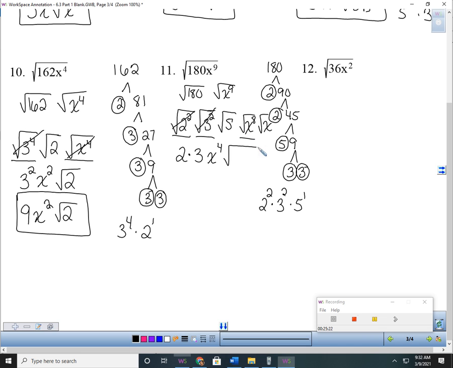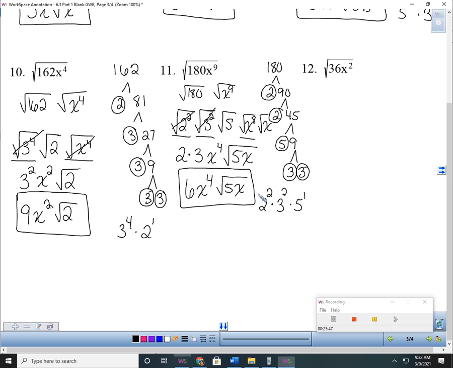And then underneath your root, you have 5 and x. So multiply those together, and that's what's left underneath. And then you need to go ahead and simplify what you have out front here. So 2 times 3 gives you 6, x to the 4th times the square root of 5x.